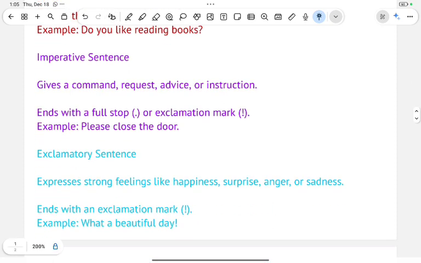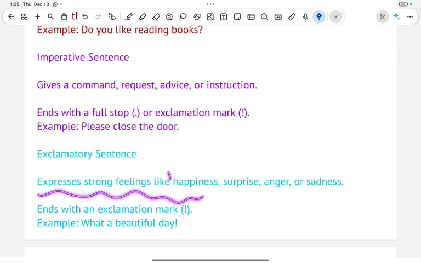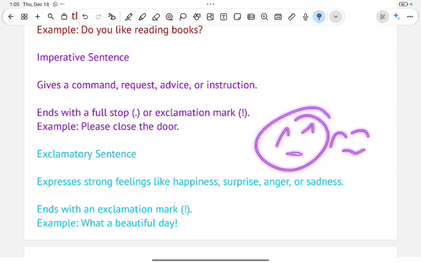Now the last sentence type, that is the exclamatory sentence. Whenever you speak loudly and with strong feelings, with excitement or surprise, at that time we use exclamatory sentences. It expresses strong feelings like happiness, surprise, anger, or sadness.